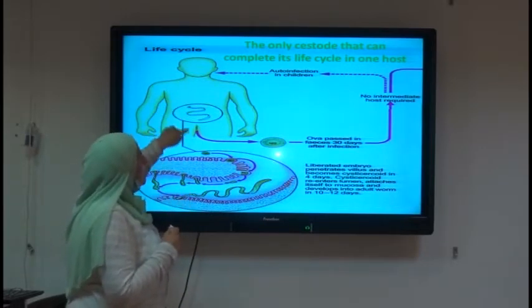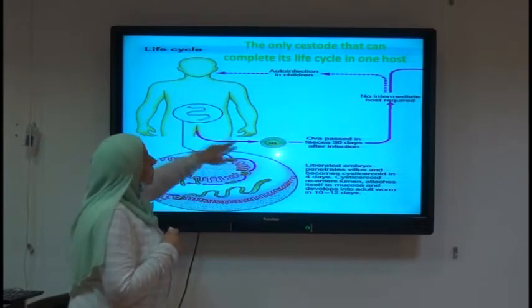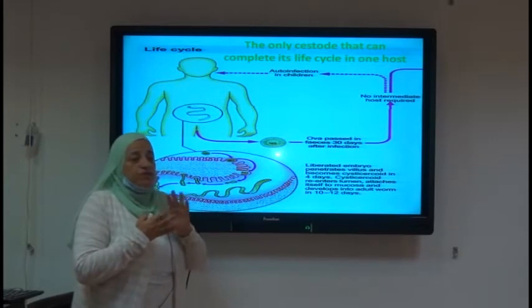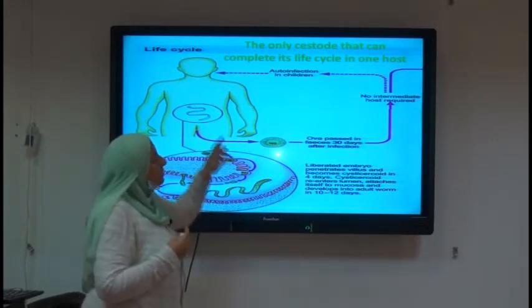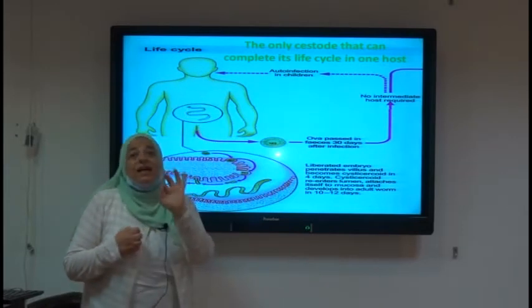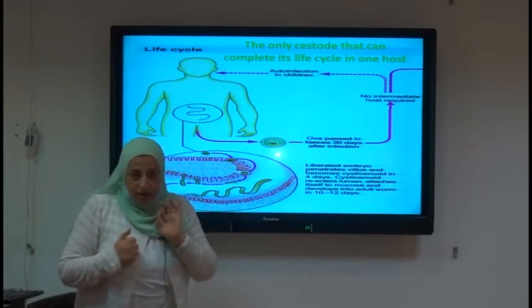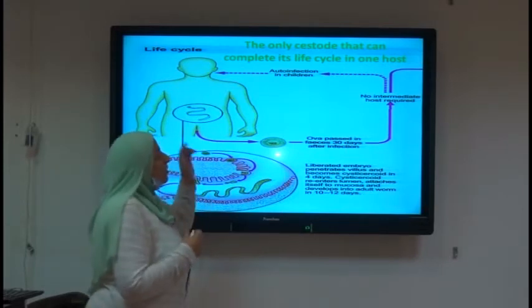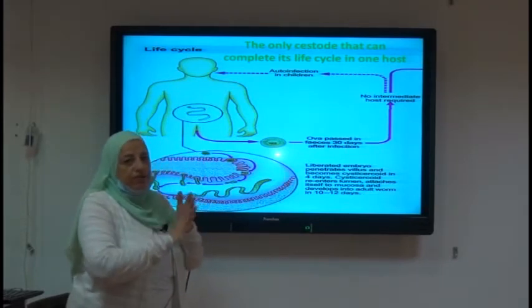So eggs will pass with the stool, and such eggs may contaminate food, water, fruits, vegetables, whatsoever. And if they are re-ingested by man, they are directly infective eggs. So it can infect man once again. However, this is the type of external infection.